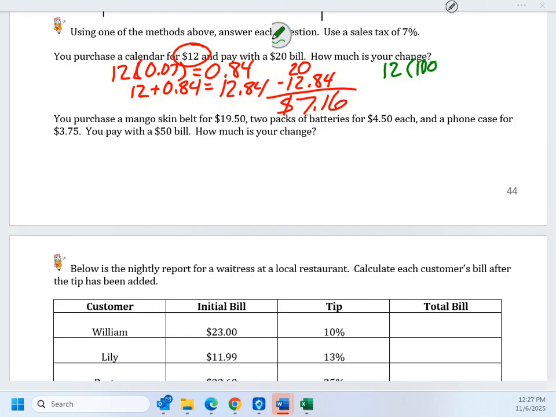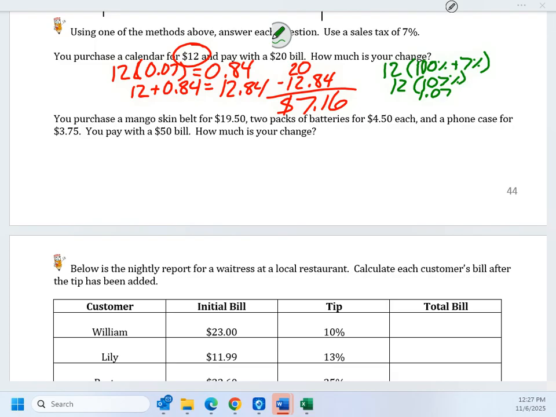So that 100% plus 7%. So that would be 12 times 107%, which is the same as 1.07. What is 12 times 1.07, Joe?